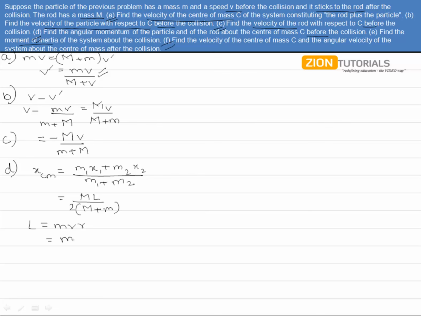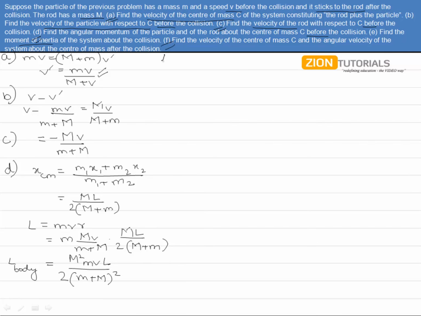So here we can write it as m times v, where v is Mv over m plus M, and r being that we got from above, that is ML over 2 times m plus M, giving us the angular momentum of the particle. So we are writing it as L particle equals to m M squared vL upon 2 times m plus M whole square. Now this is the angular momentum we got for the particle.